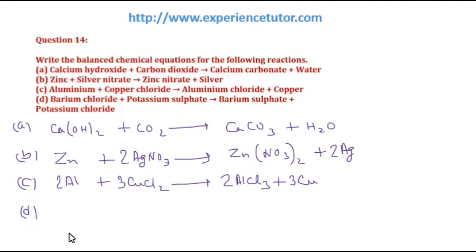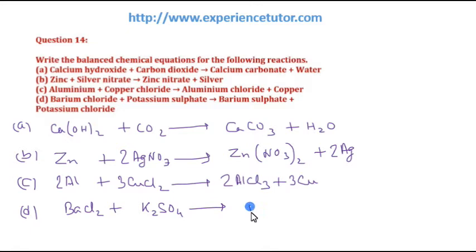The fourth one, barium chloride can be written as BaCl2 plus potassium sulfate can be written as K2SO4.